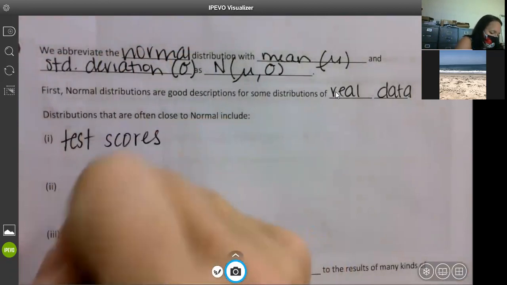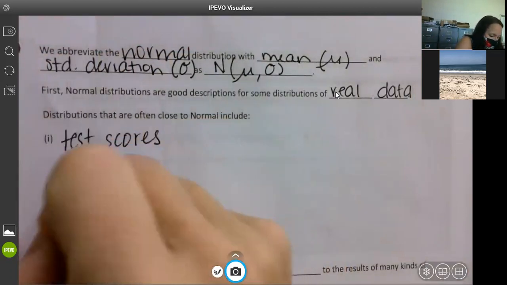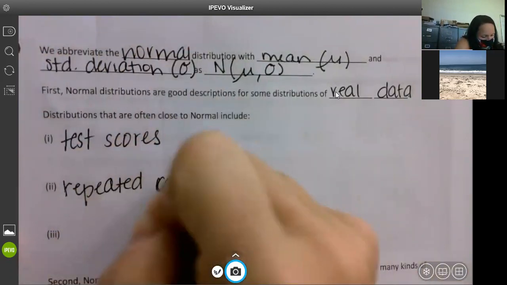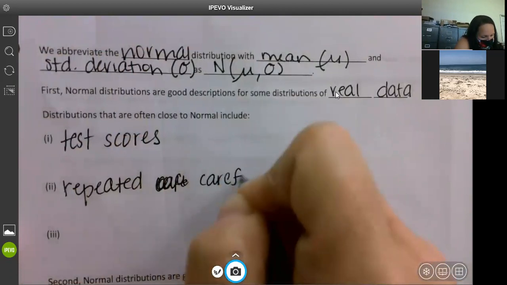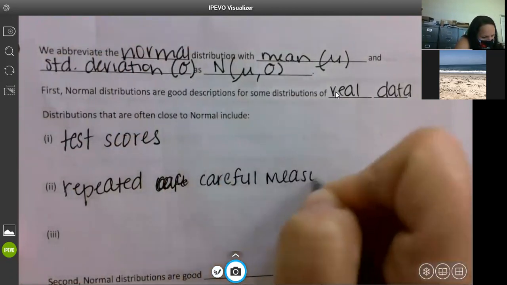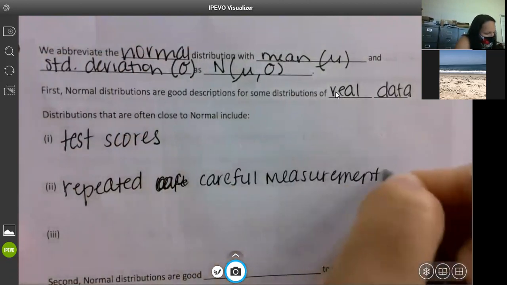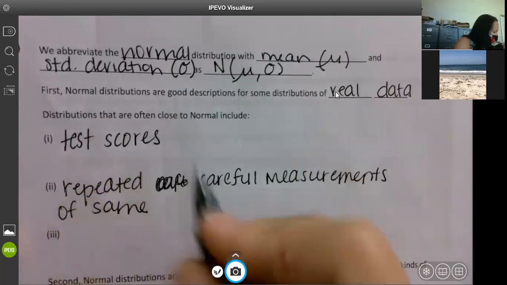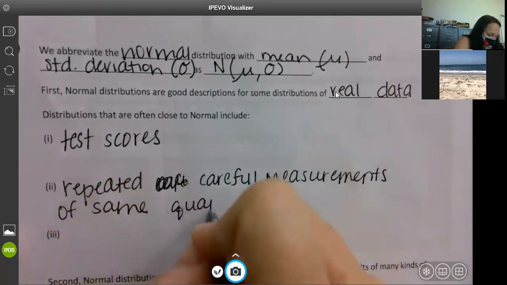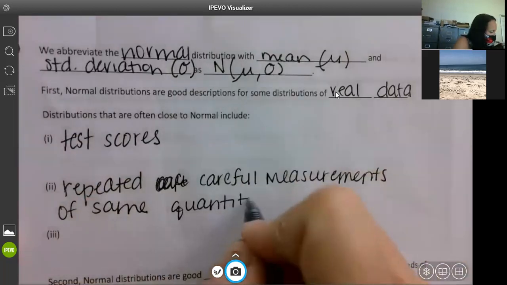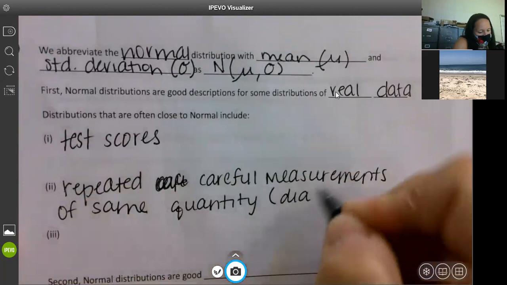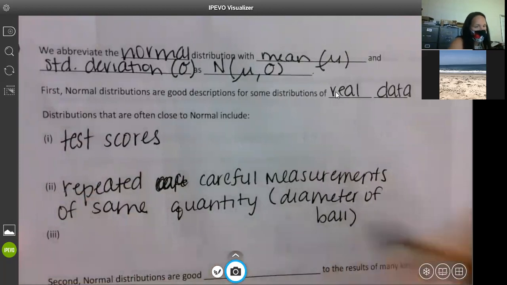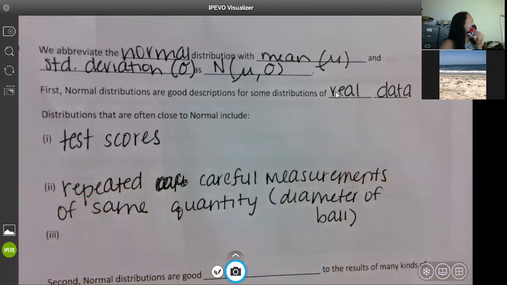Repeated careful measurements of the same quantity. So the diameter of a ball, like the diameter of the same ball, same type of ball.